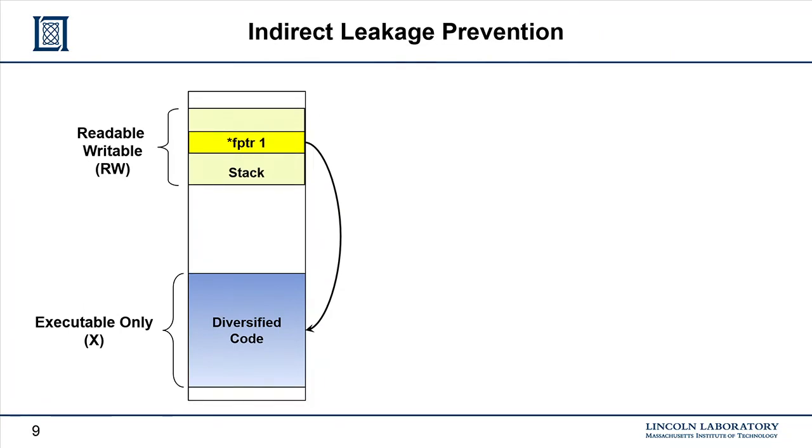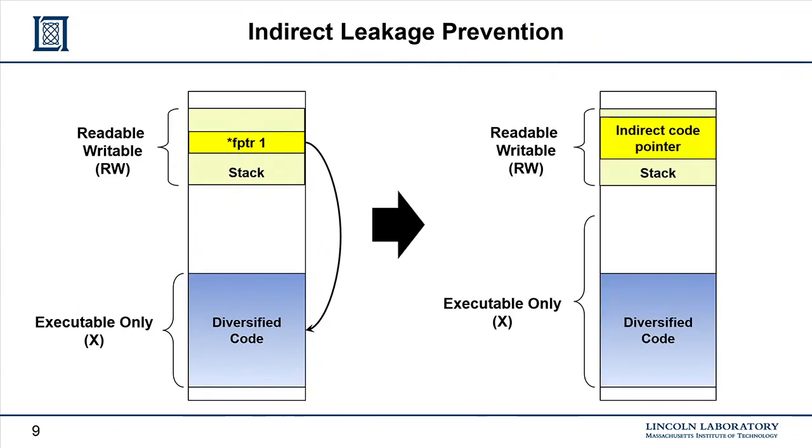One popular way of doing this is adding an extra layer of indirection. So in this case, the function pointer is replaced with an indirect code pointer. And what that points to is a snippet of code called a trampoline, which itself jumps to the actual code.